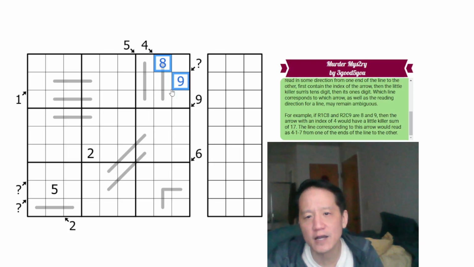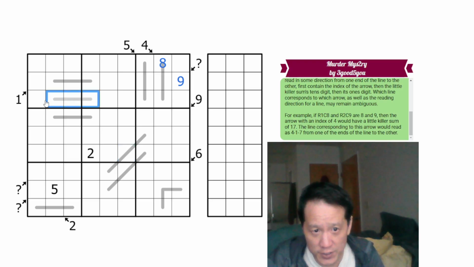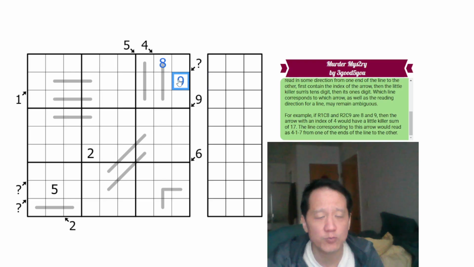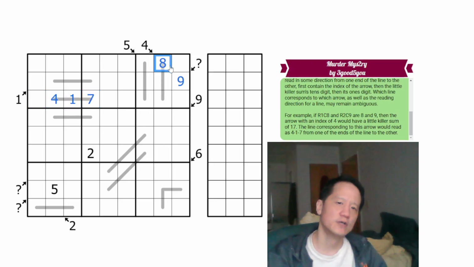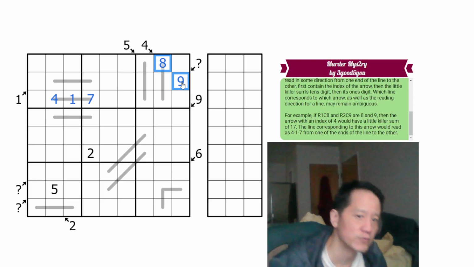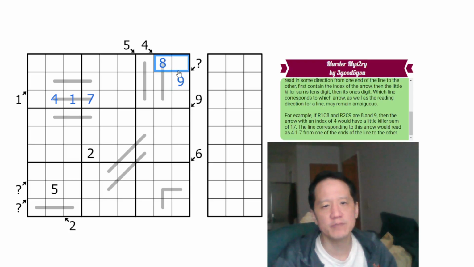And the line corresponding to this arrow would read as 417 from one of the ends of the line to the other. So say somehow we determined this was the line that corresponded with this arrow. Then this would have to be 417 or 714 in some direction, because we know that this is equal to 17. So the sum is 17.